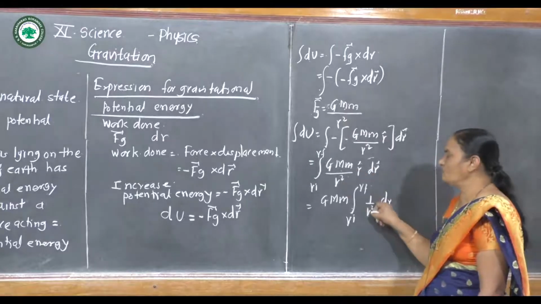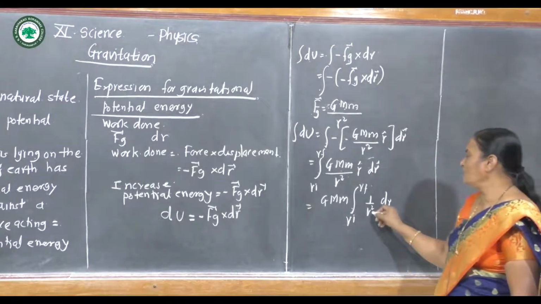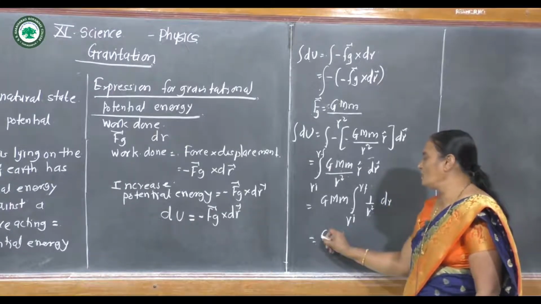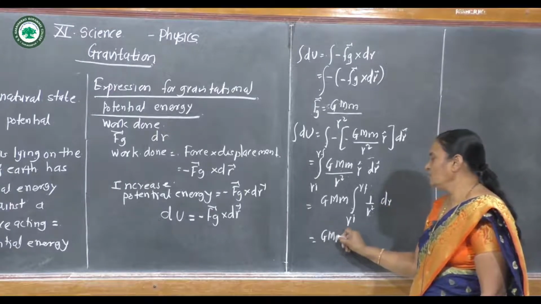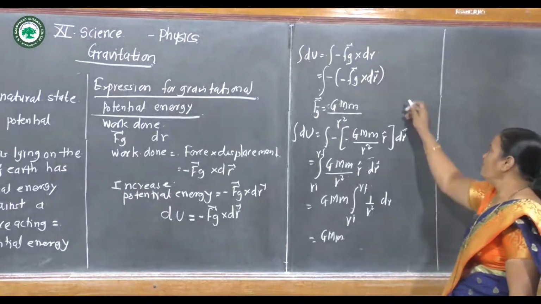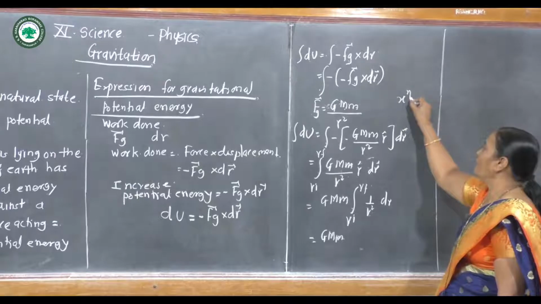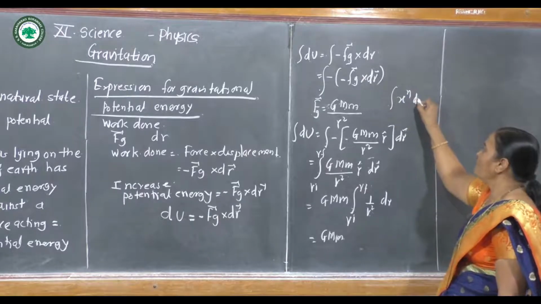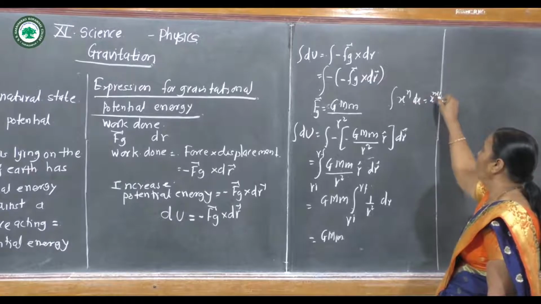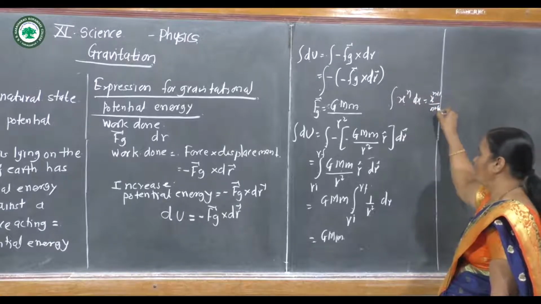Here we consider the magnitude. The integration of 1 upon r square is obtained by the formula: the integration of x raised to n is x raised to n plus 1 divided by n plus 1.